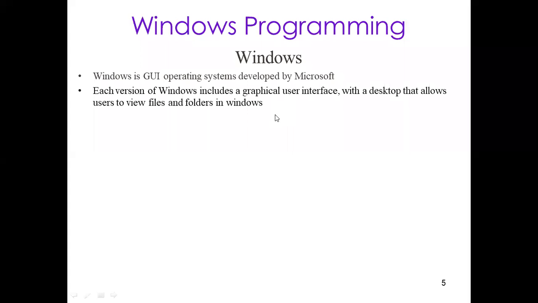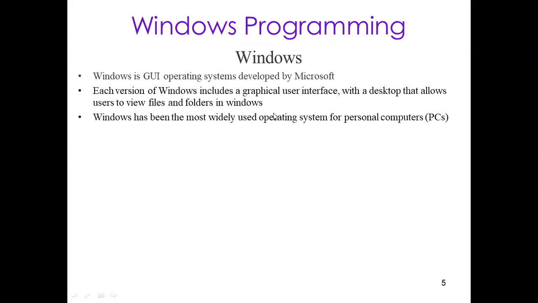We will study it in detail. Each version of Windows includes a graphical user interface as well as a DOS mode, or command mode, with a desktop that allows the user to view files and folders in a window.